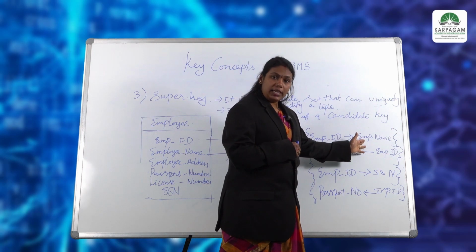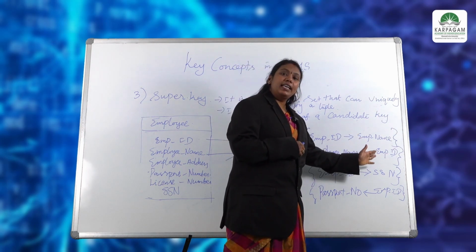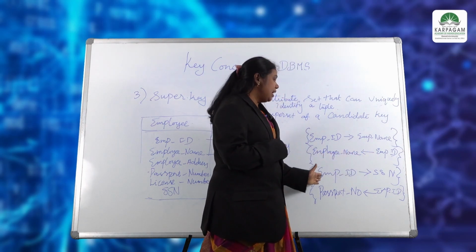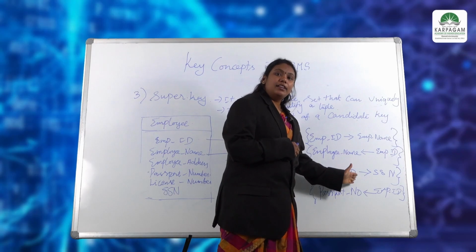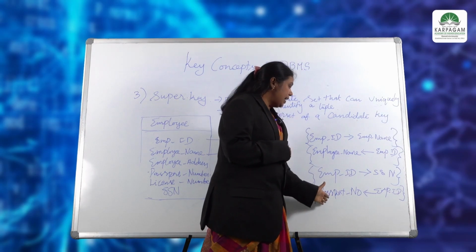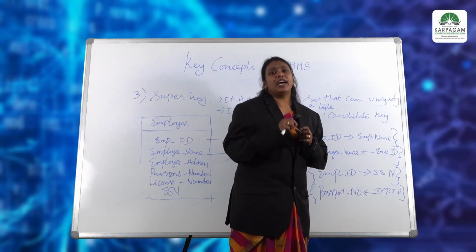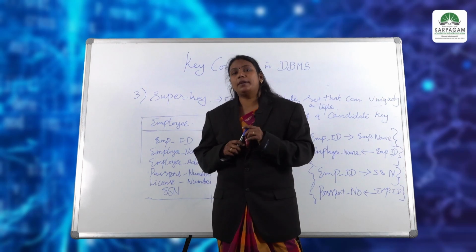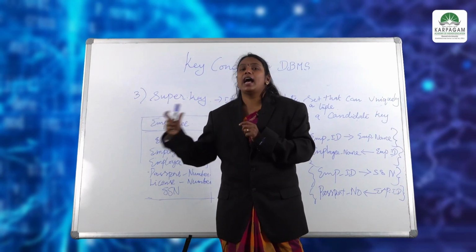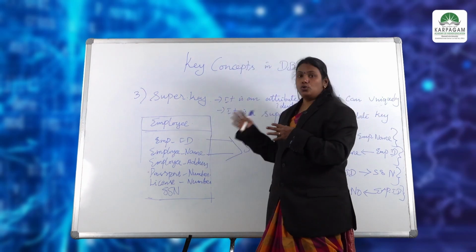The employee ID gives the name of the employee, the number of social security, and the passport number. If we give 001, it gives different kinds of attribute values. The tuple is very important in the super key.